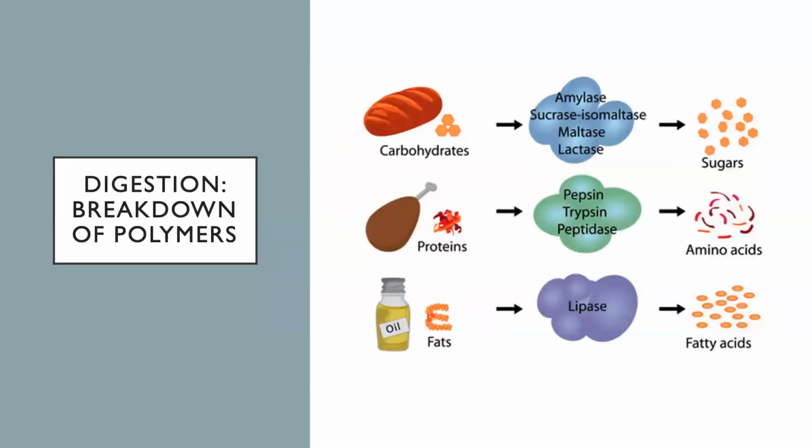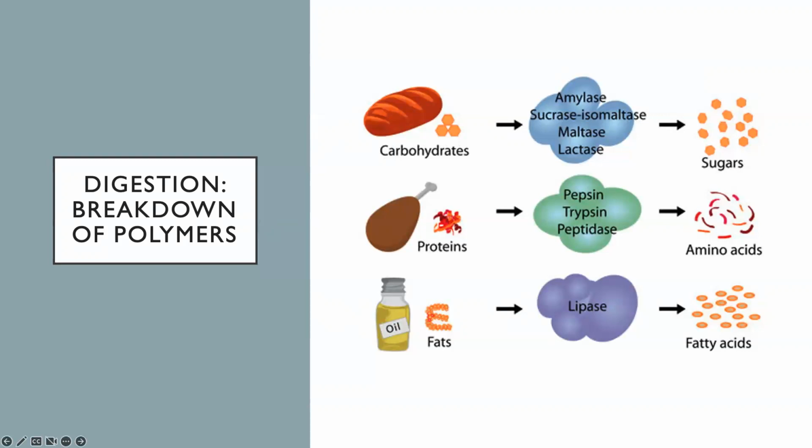And so we can think about these processes in terms of digestion. So we take polymers that are broken down into monomers. Polymers to think about in digestion are going to be proteins. The monomers for proteins are going to be amino acids, and those are going to be peptide bonds that are broken. And the enzyme that's going to break those down are going to be proteases.